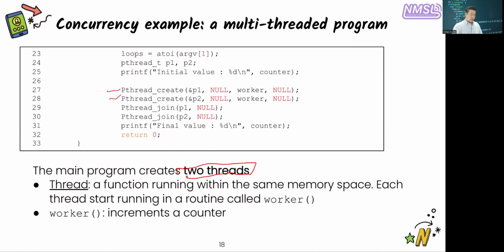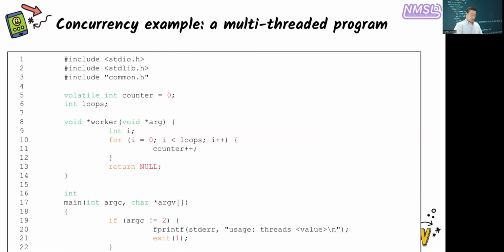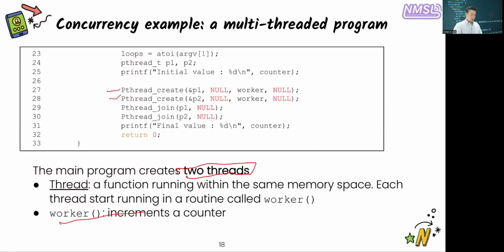A thread is a function running within the same memory space, and each thread starts running in a routine called worker here, which is basically a loop where you increase the counter. Worker simply increments the counter.